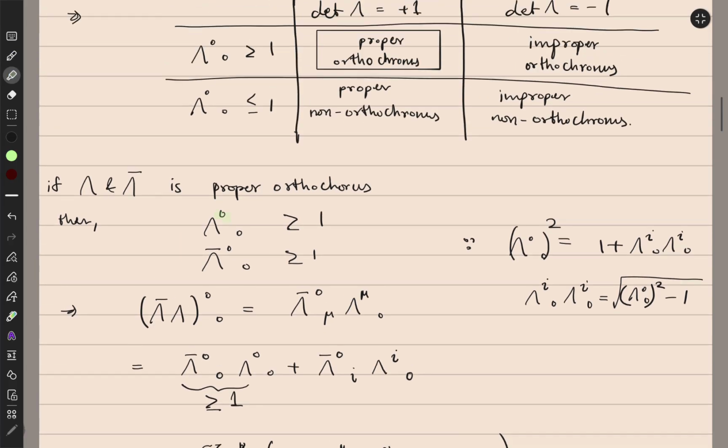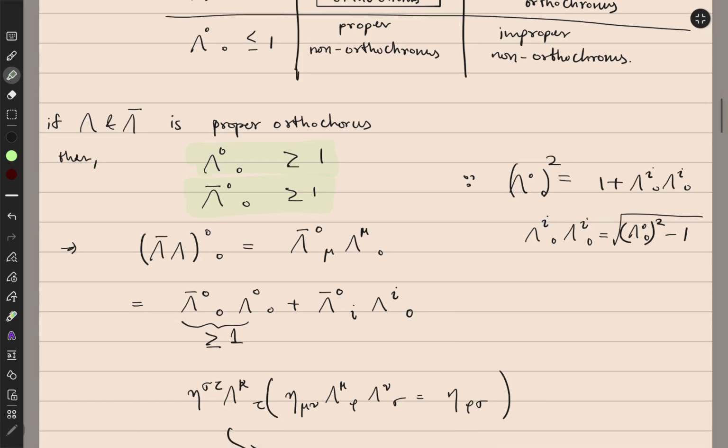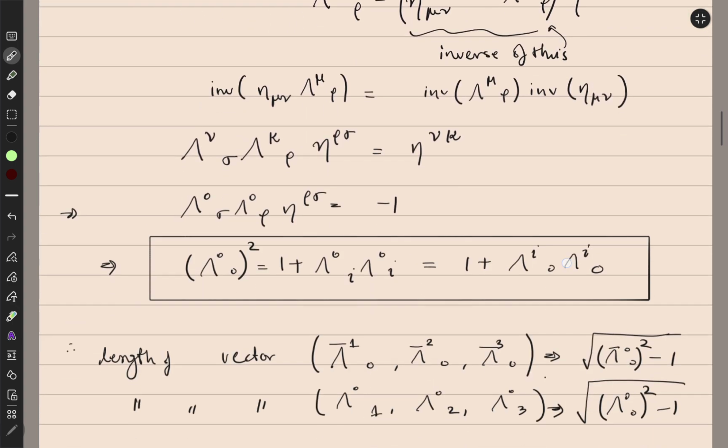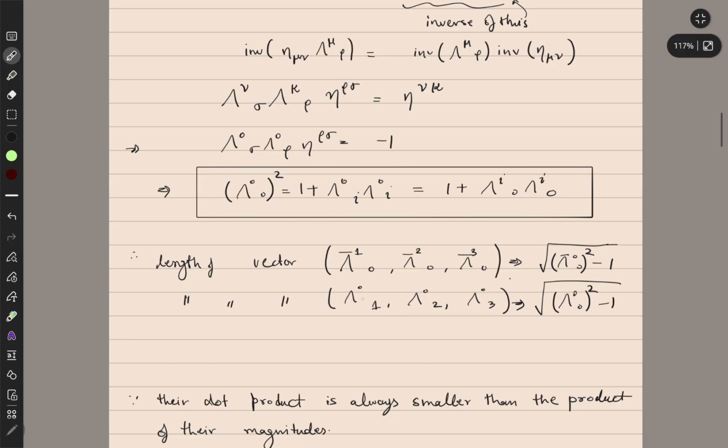So you can see, given that the first transformation is orthochronous and the second one is also orthochronous, we found that lambda 0 0 squared was 1 plus this thing. We found this just a little bit ago. So we can say that this lambda I 0 is this, and you can think of it as a vector, as in you can think of lambda 1 0, lambda 2 0, lambda 3 0, this triplet, as a vector.